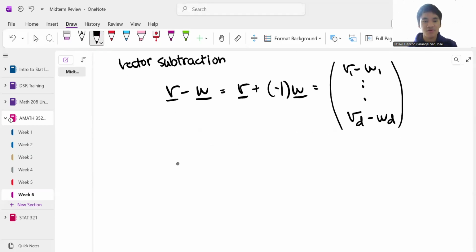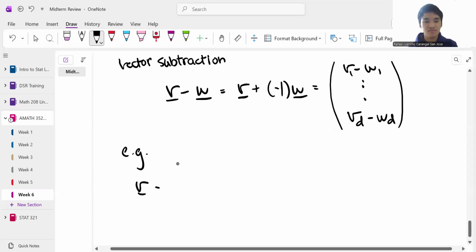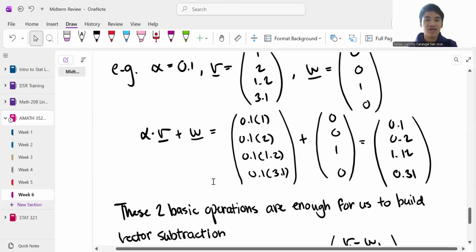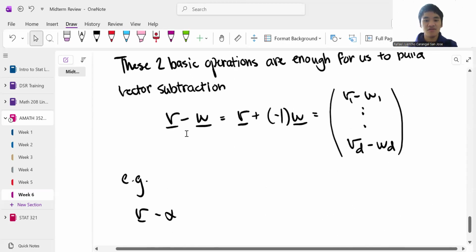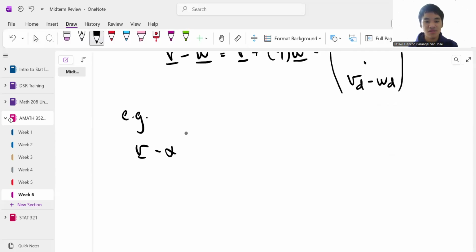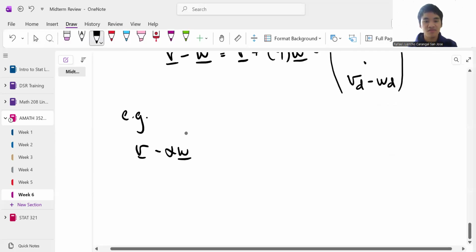So let's do an example of it. Based on what we have here for alpha, v, and w, we have v minus alpha w. This is equal to v plus -1 times alpha w. And this is the same thing as this guy.